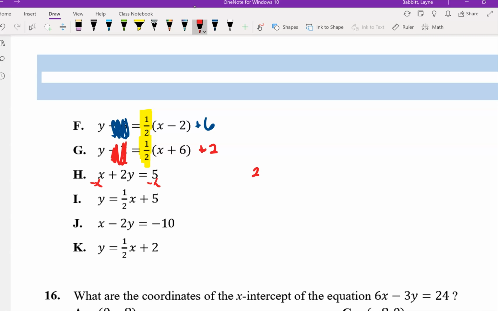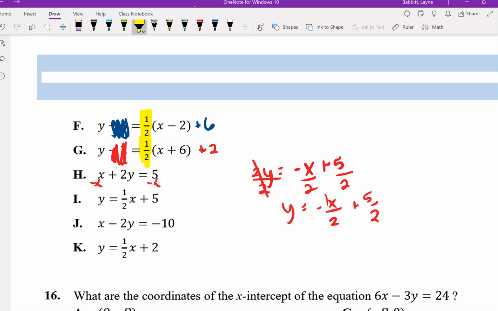We'll be left with 2y equals negative x plus 5. And then I'm going to divide everything by 2. Now this is in y equals mx plus b. But it doesn't have a slope of 1/2. It has a slope of negative 1/2.